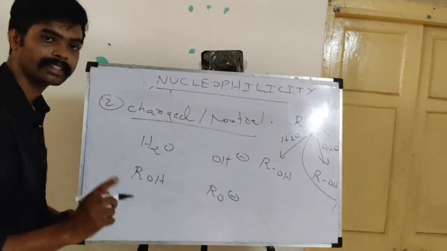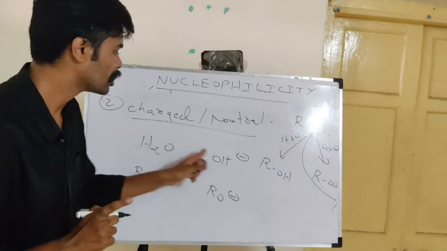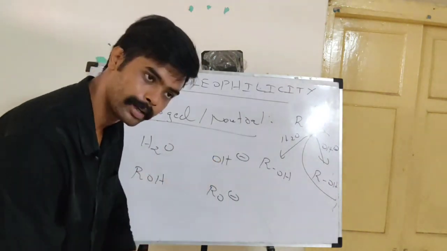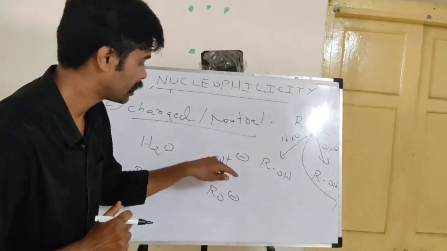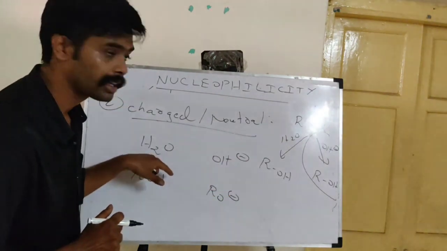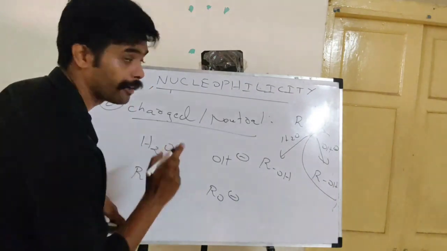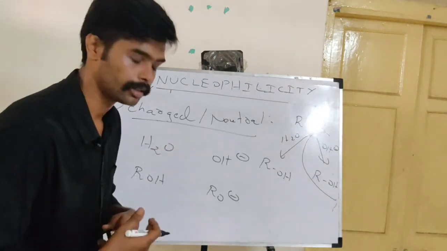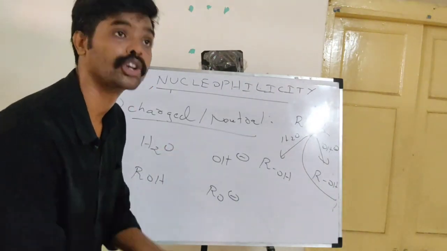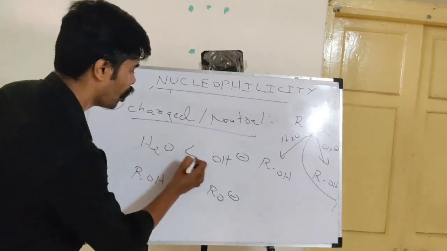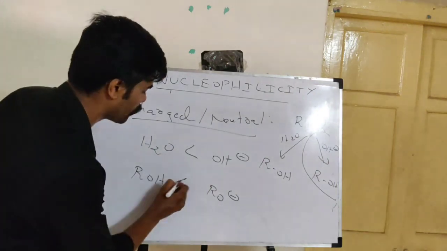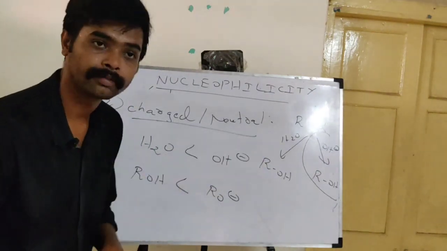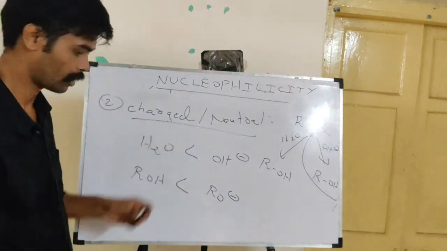What we conclude is that whenever I have the nucleophilic centers to be the same element also, but if at all in one case the nucleophile is charged and in the other case the nucleophile is neutral, definitely the thing with a negative charge is having more nucleophilicity. So in simple words, OH minus is always a better nucleophile than H2O, and RO minus is always a better nucleophile than ROH. This is one thing.